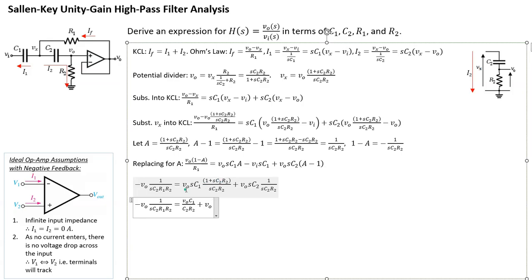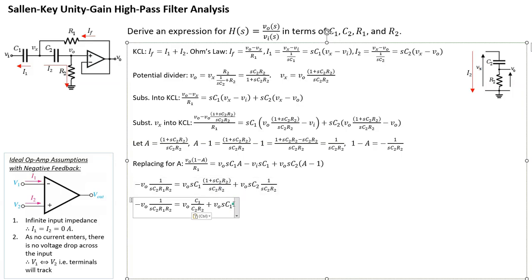So what's left is just VO S and then C1. VO S C1. Let's put this VO to the side. So that's this expression being split in two.